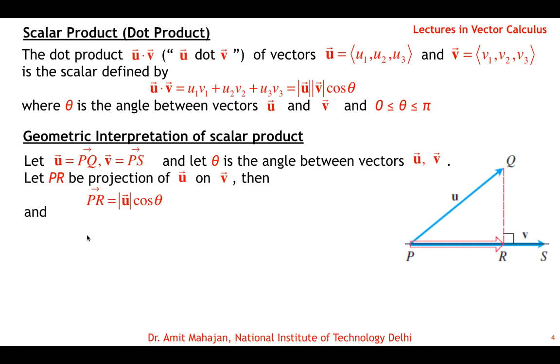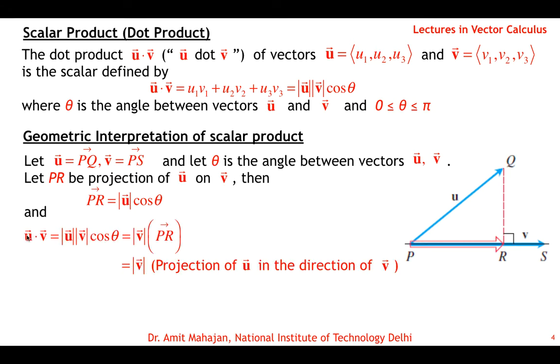Okay, and so the dot product u dot v, which by definition is magnitude u times magnitude v times cosine of theta, since u times cosine theta is magnitude pr, it will be magnitude of v times pr, where pr we said is the projection of the vector u in the direction of, or on, the v vector.